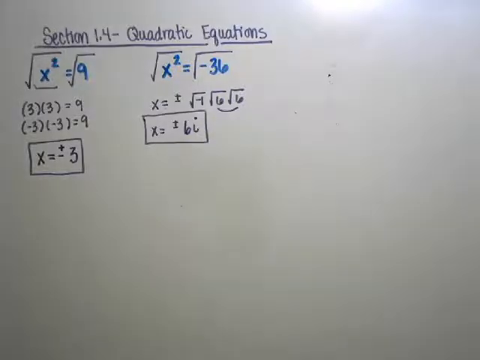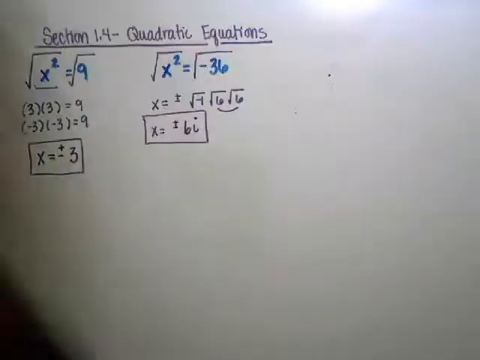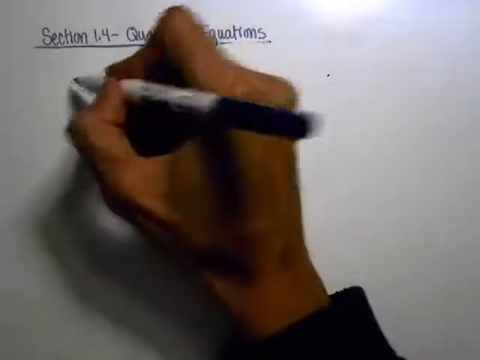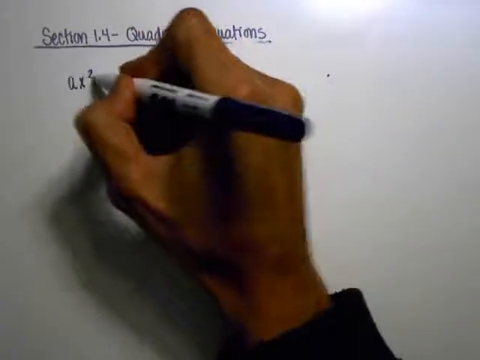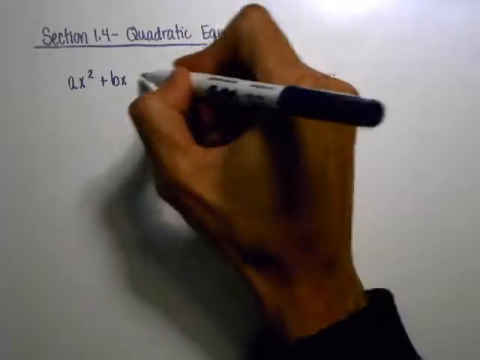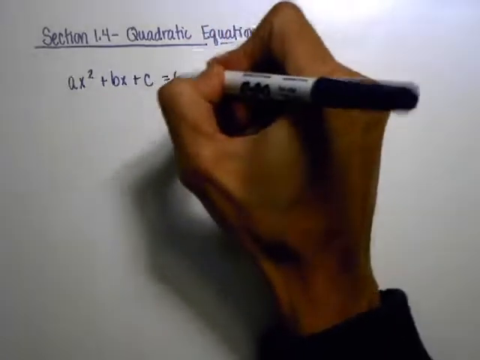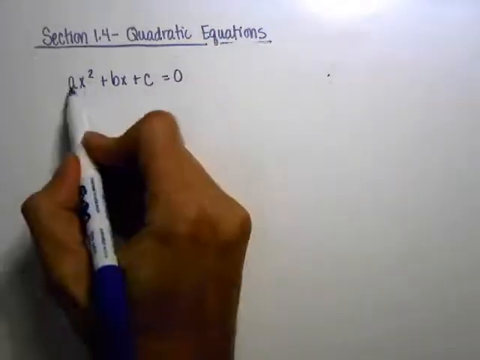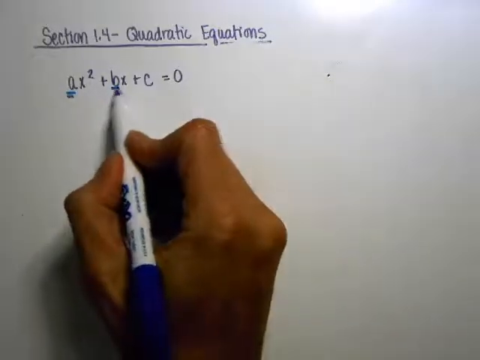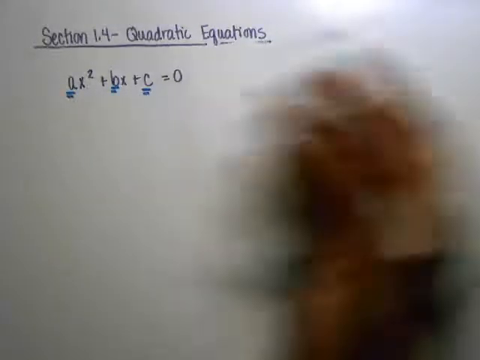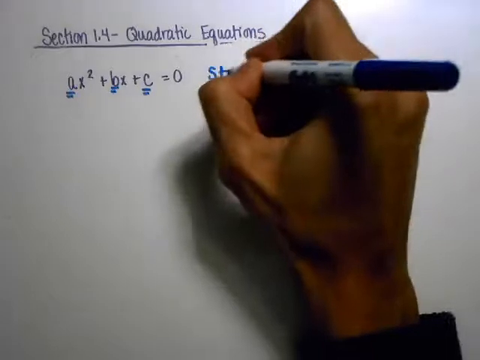When we have a quadratic equation that is in what we call standard form, it looks like this: ax squared plus bx plus c is equal to 0, where a is a number or coefficient, b is a number or coefficient, and c is a number or coefficient. That's called standard form.